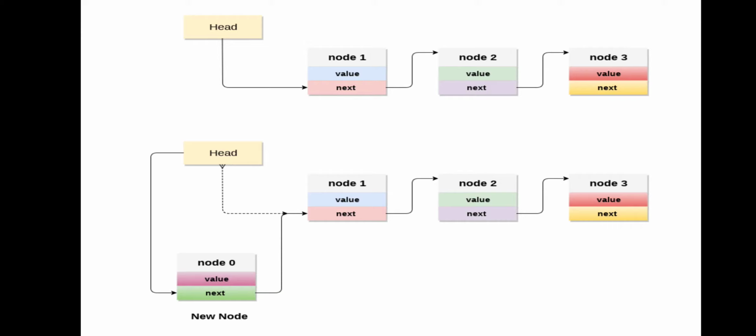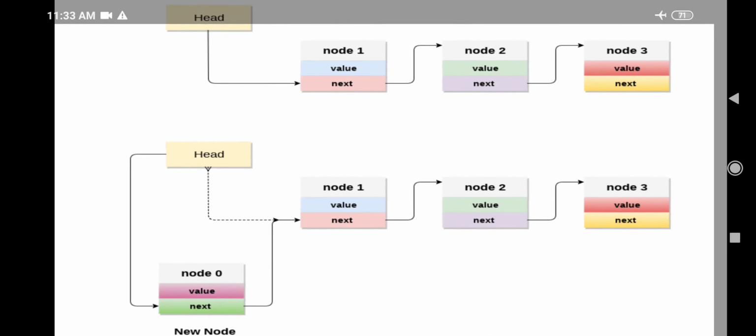See, new node is added. See, head node. This new node's next field is connected to the first one, node 1. Once more, you have to observe these two diagrams.